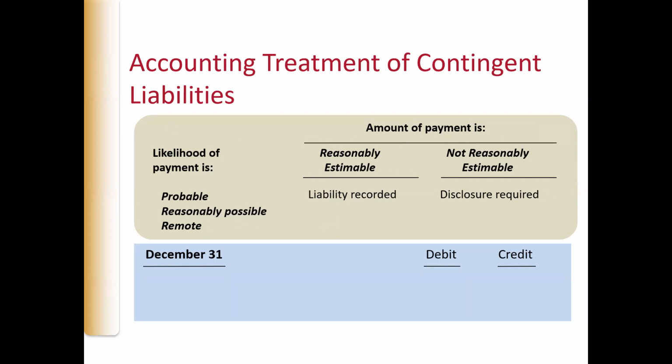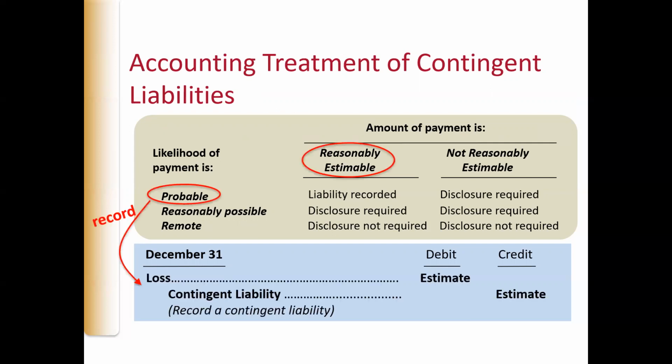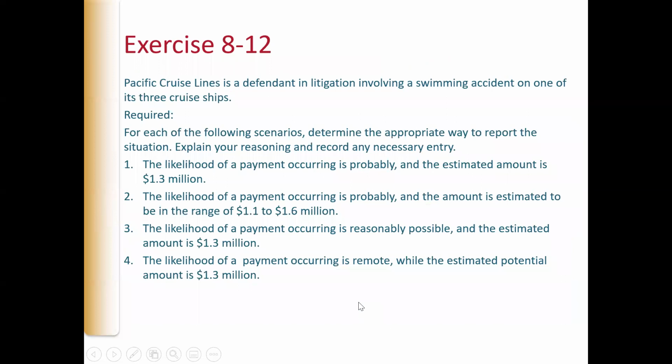If it's probable, but we don't know how to estimate it, we just make a disclosure, and we'll make a disclosure if it's reasonably possible, but we do nothing if it's remote. No, only probable and reasonably estimated. We should debit the loss and we credit our contingent liability.